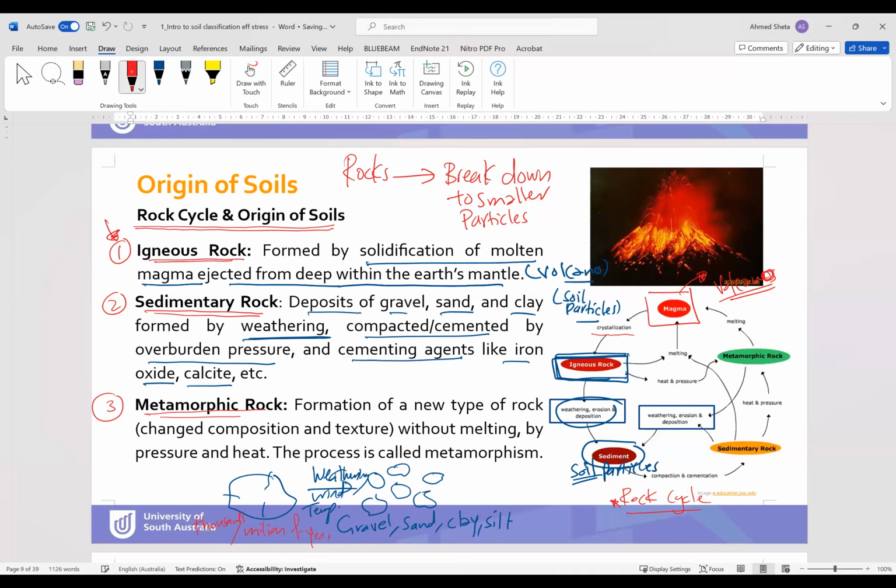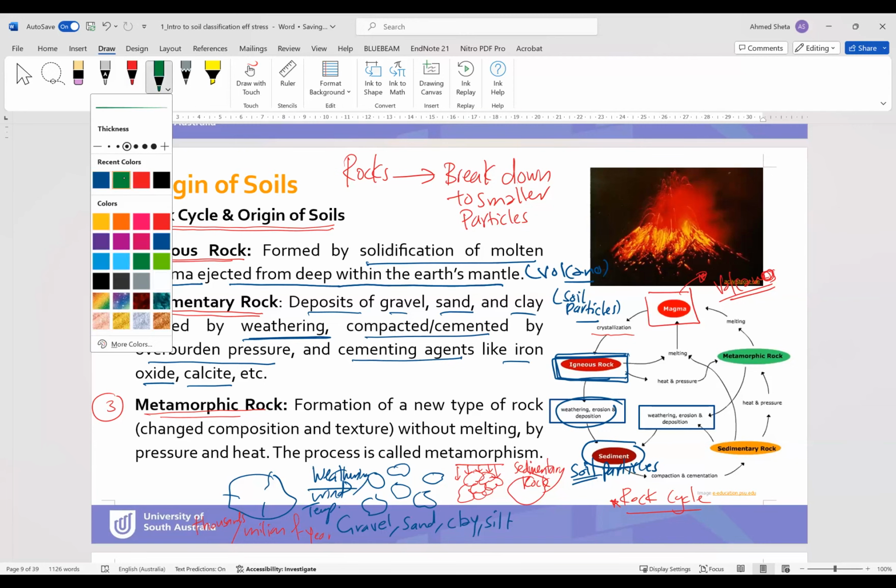But a reverse process happens when these particles accumulate together again under the pressure of soil or through reactions with other cementing agents. They form rocks called sedimentary rock. So the original process forms the igneous rock, and then a reverse process forms the sedimentary rock.